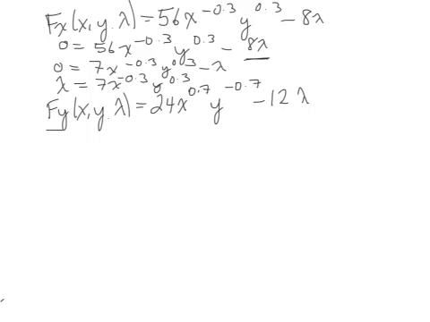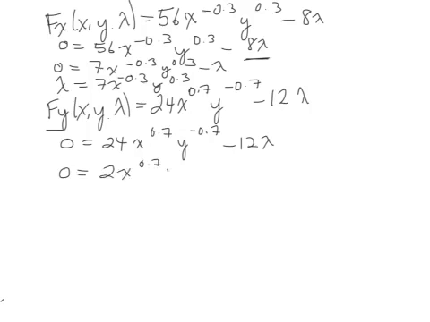First we'll set it equal to 0. And we should have something a little bit easier to manage. Lambda is equal to 2x to the 0.7, y to the negative 0.7.